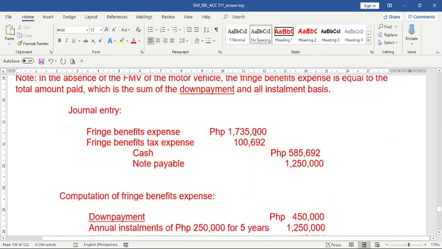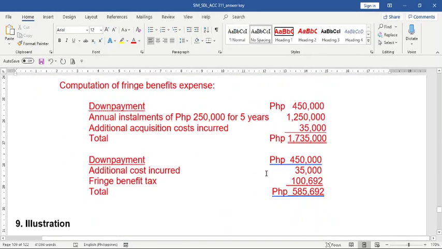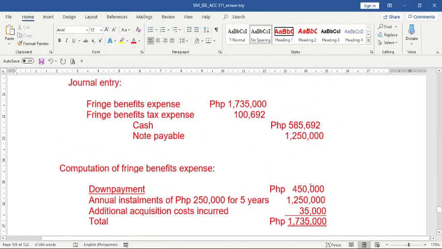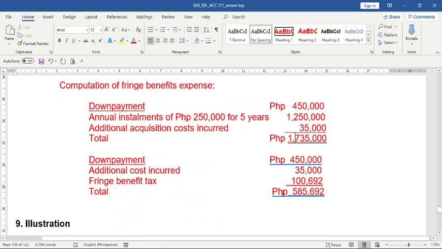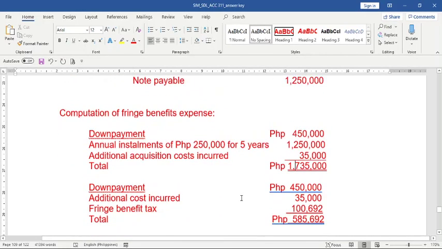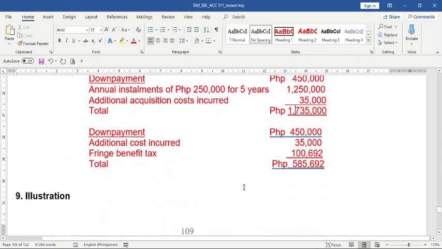How do we get this fringe benefit expense? Because there is a down payment, there is an annual installment, and there is an additional cost. This is our fringe benefit expense. And then, our cash out is 588,592.